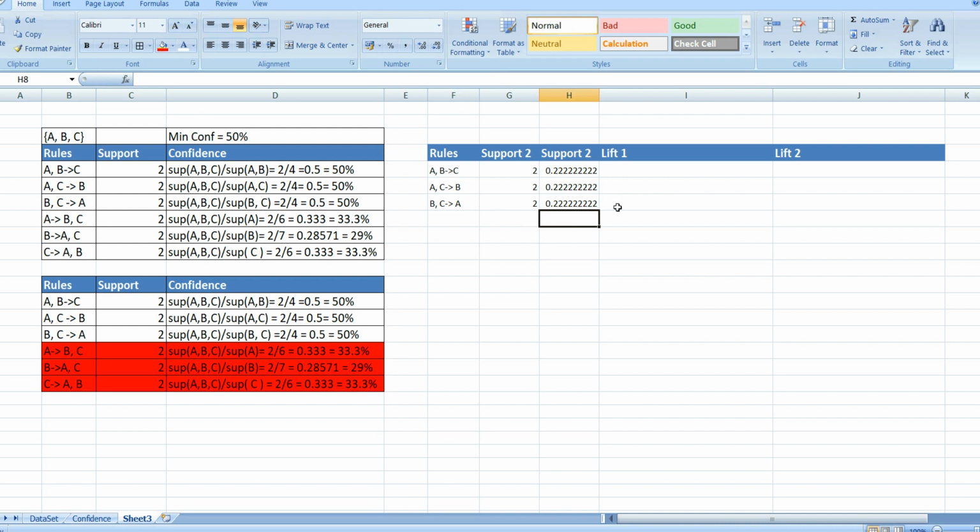Now with these results, we then want to use our formula to calculate.